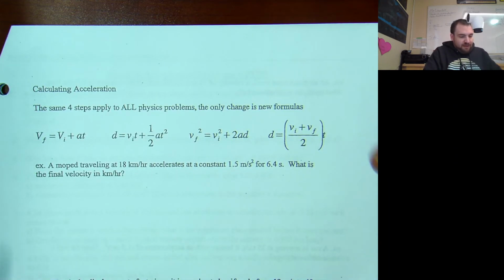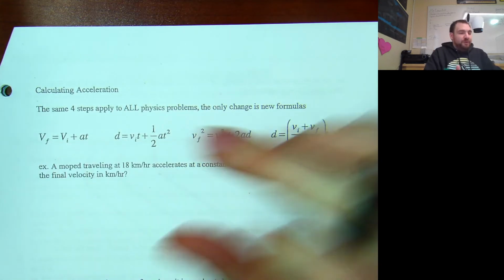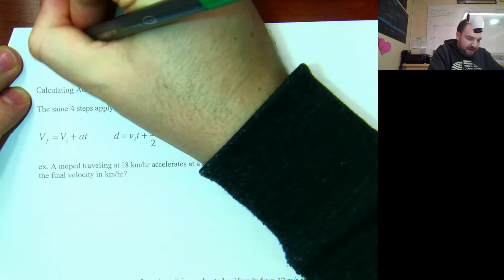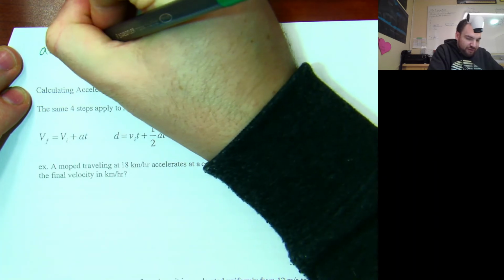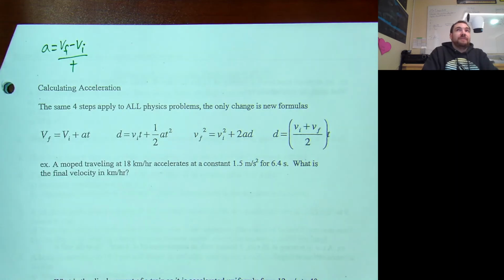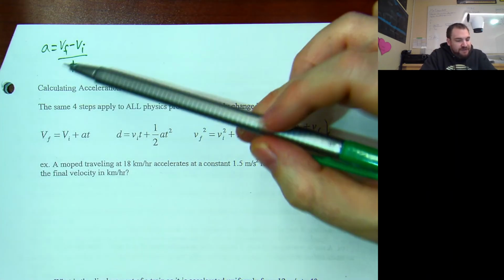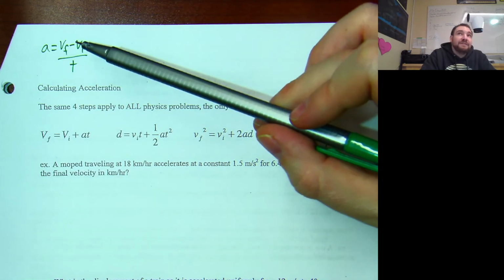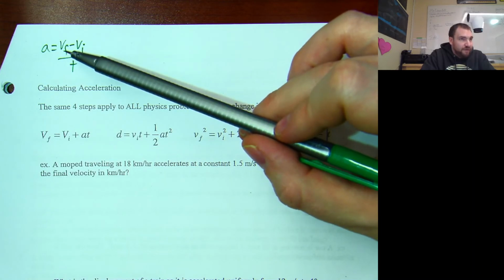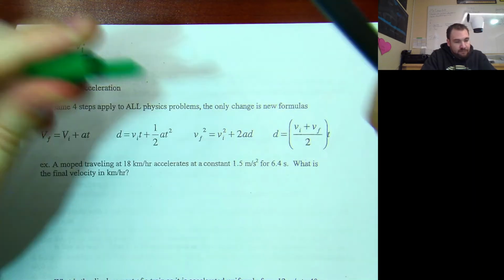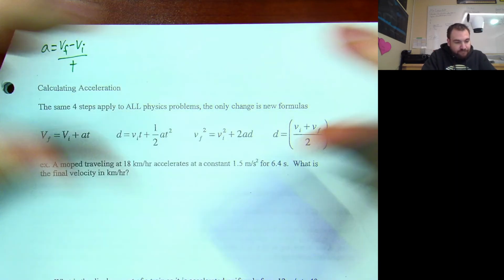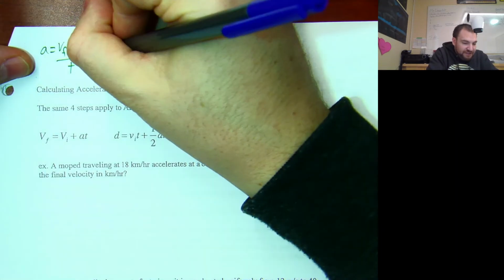Okay. First one is this guy here. I'll start with our original definition. We said acceleration was a final velocity minus your initial velocity divided by how long it took you to make that change. This is the definition for acceleration: a equals v final minus v initial over t. What happens if I solve this for vf?